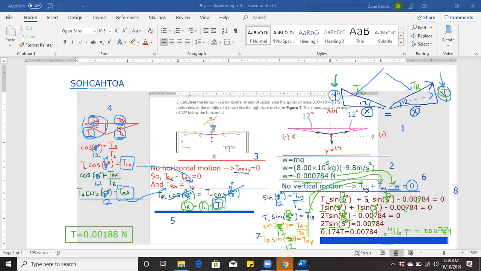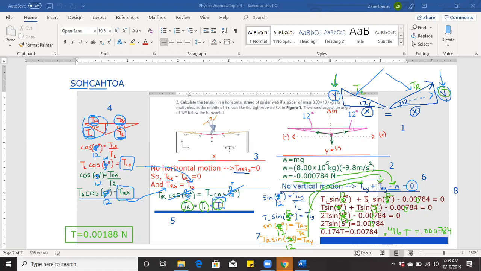Step 5, I then realized that the right and left components of those 2 ropes were the same, which meant that total tension in both of those ropes was the same. Okay, so I just found a way to relate it to just one simple variable. Step 6, I went over here to the vertical side of things, and I made the same assumptions.